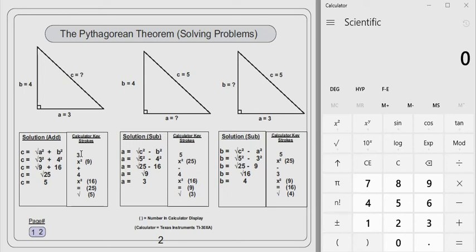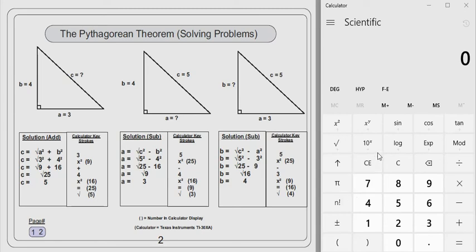So 3, which is leg A, squared, that's in the display, so 3 squared is 9, plus 4 squared, that's in the display, equals, we got 25 in the display, we hit the square root button, and we end up with 5.